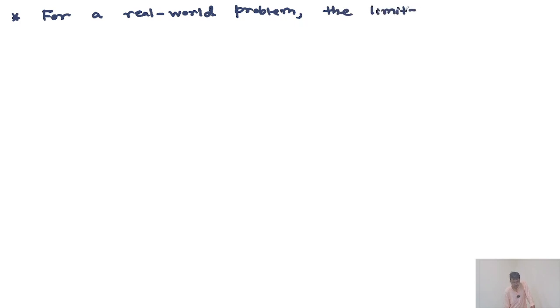So for a real world problem, the limit state function is g of X.